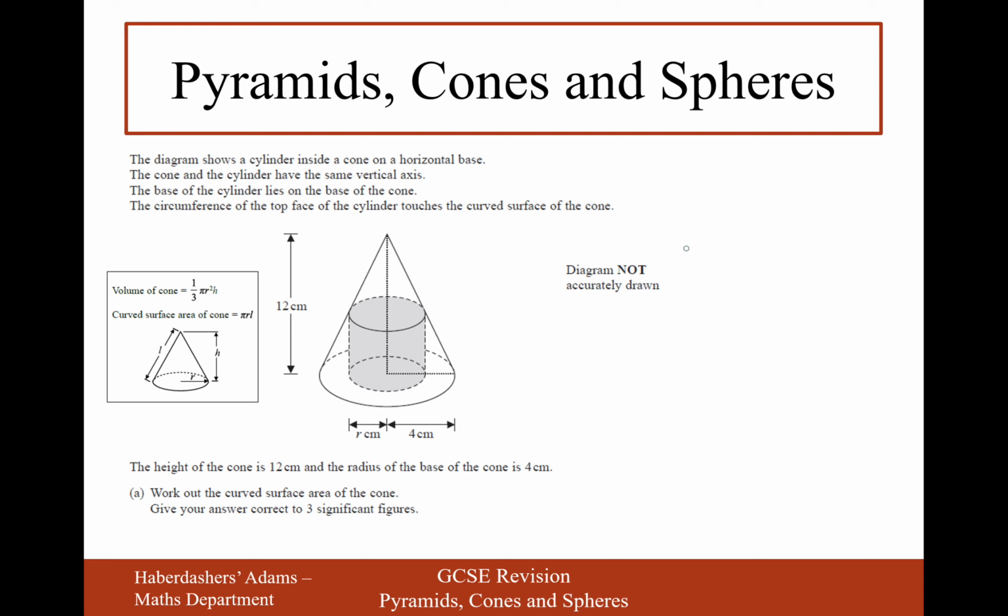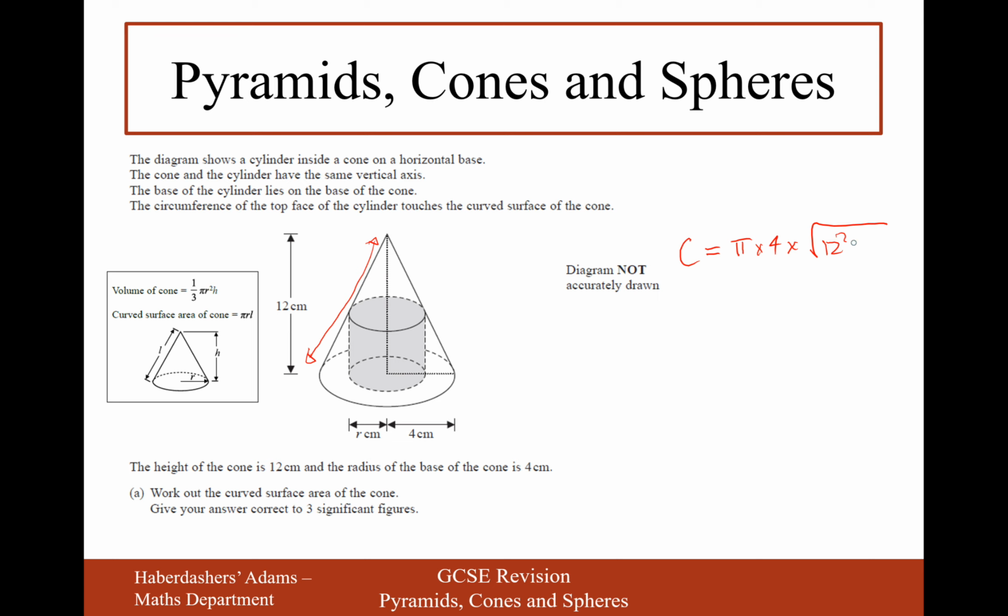But the curved surface area of the cone is going to be C equals pi times r, which is 4, times L, that's going to be the length of the diagonal here. That's a right angled triangle here, so 12 squared plus 4 squared, square rooted.